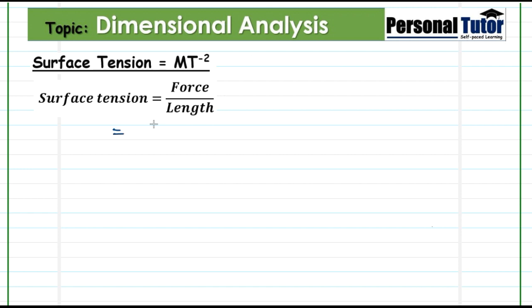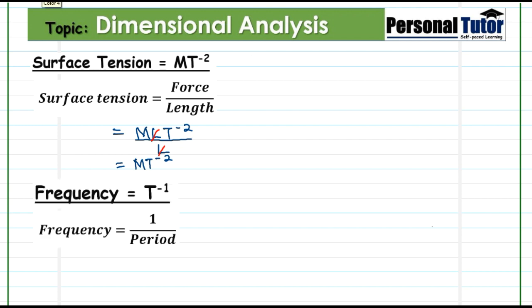Now force is M L T exponent minus 2 all over the length, which is L. If you look at it critically, the length will cancel out, and you will be left with M T exponent minus 2. So that is the dimensional equation for surface tension.